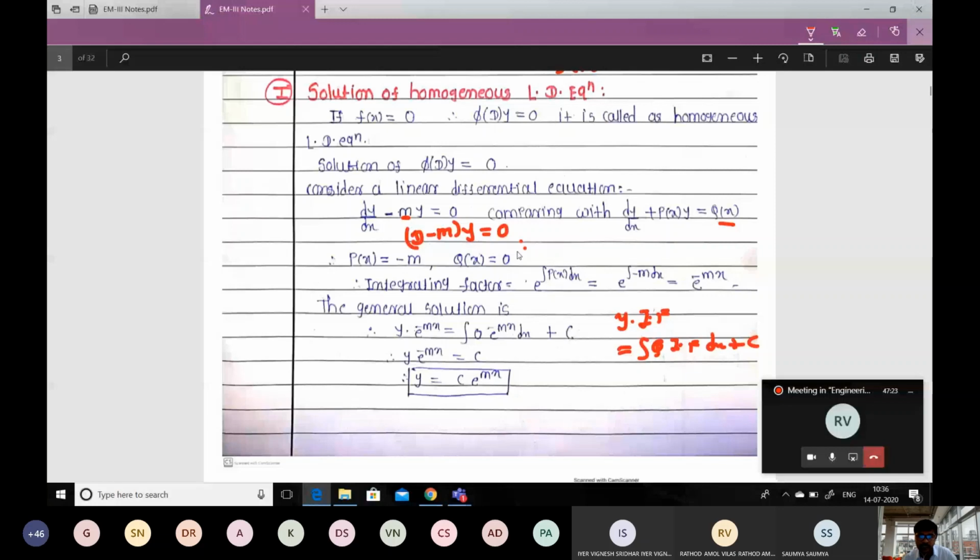Look at this last solution. If you use this method to find the solution, we will get y is equal to c e to the power root times x. So this is what corresponds to this factor.